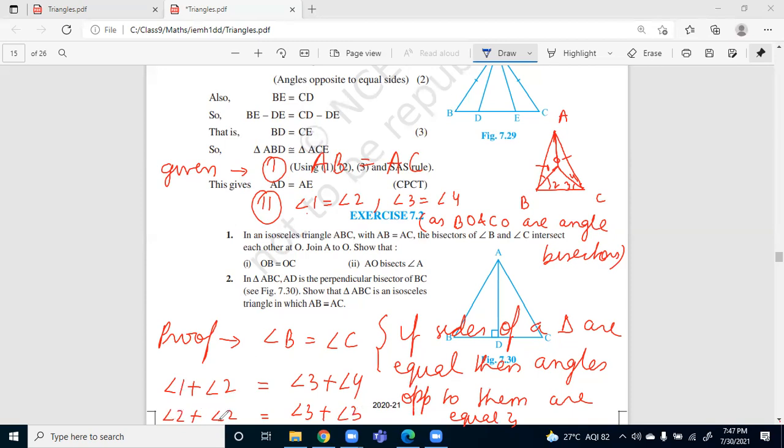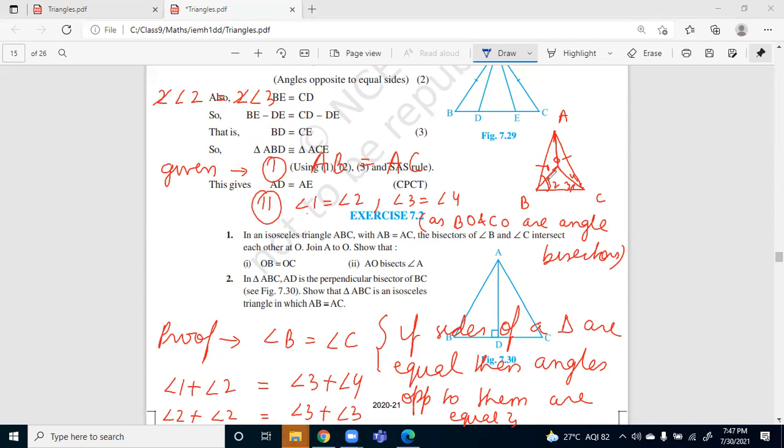Now angle 2 plus angle 2, I am writing it here because my screen is not aligning me. So angle 2 plus angle 2 is 2 angle 2, equal to 2 angle 3. The 2 and 2 will get cancelled, so angle 2 and angle 3 are equal.